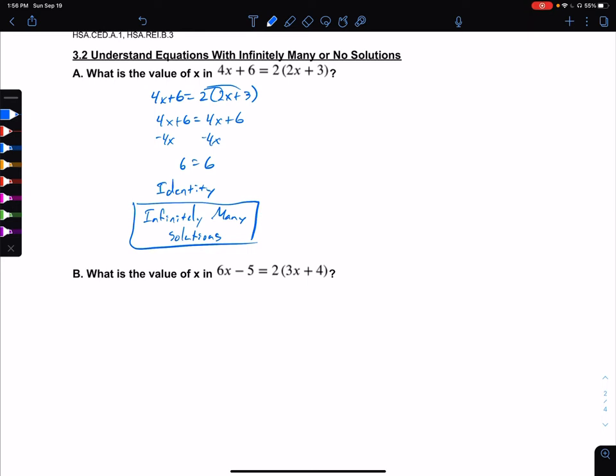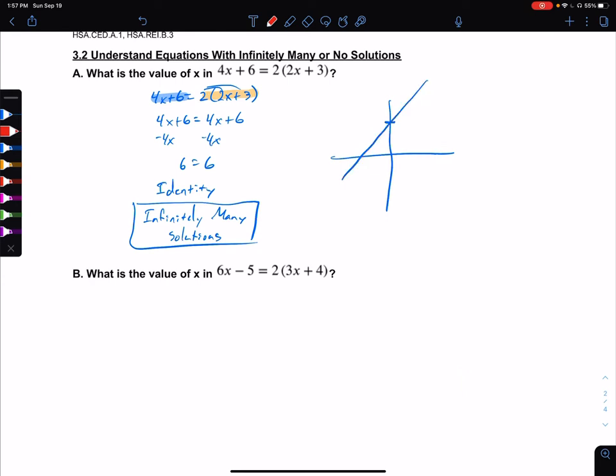What this looks like, let's say you were to graph this. The left side, 4x + 6, would look something like that, with a y-intercept of 6 here. And if you were to graph the right side, that graph will be the exact same line.